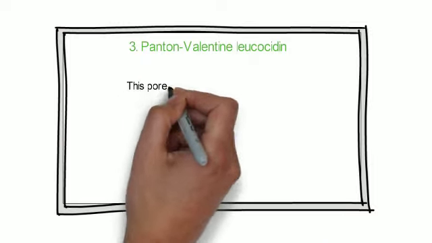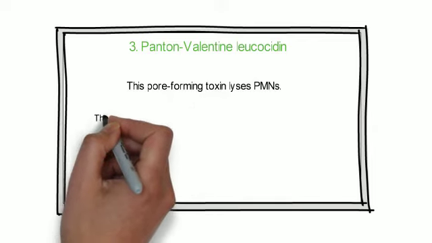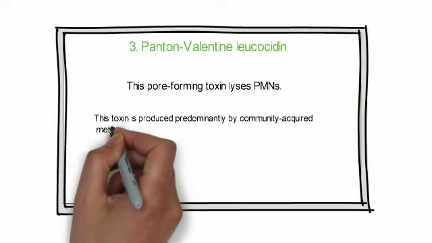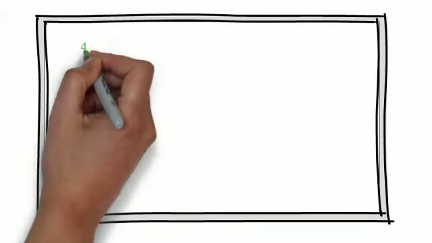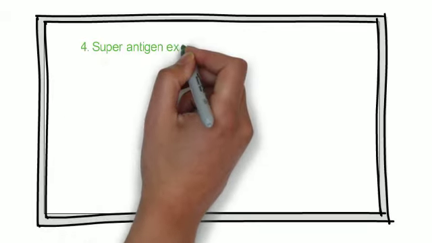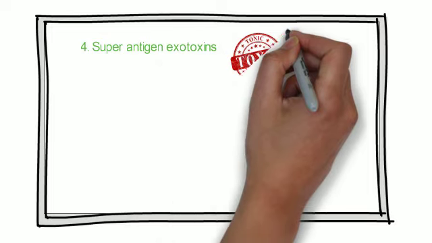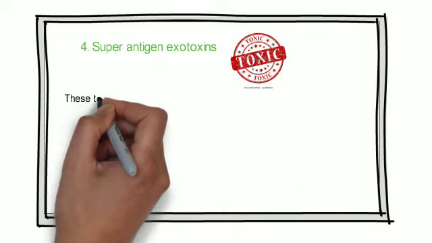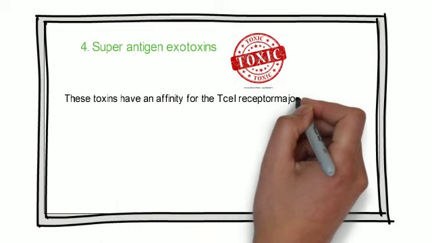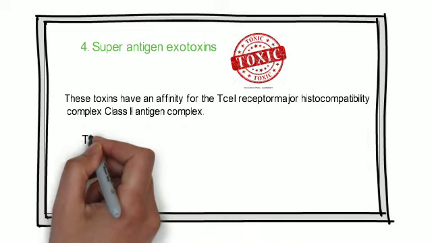This toxin is produced predominantly by community-acquired methicillin-resistant S. aureus strains. Superantigen exotoxins. These toxins have an affinity for the T cell receptor and major histocompatibility complex class II antigen complex. They stimulate an enhanced T lymphocyte response.